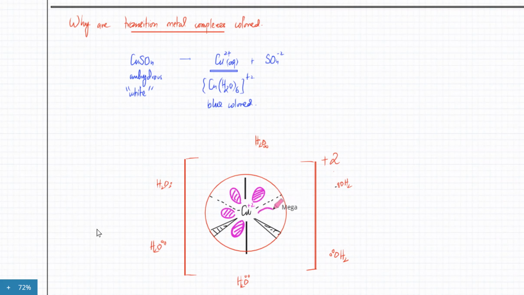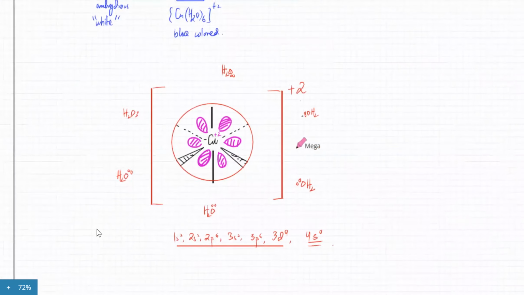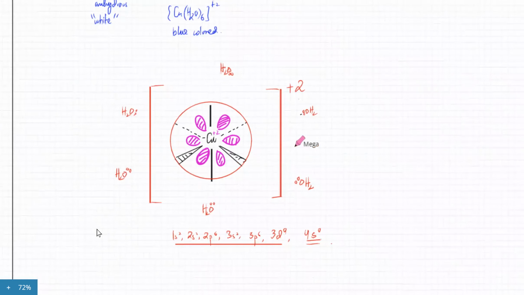There would be electrons between the x and y axis, x and z axis, y and z axis. So all these spaces between the axes would be full of electrons. Remember, the 3d is almost complete. It's got 9 electrons. And then you would have electrons lying right on the axis. The green ones are the electrons that would be lying on the axis.